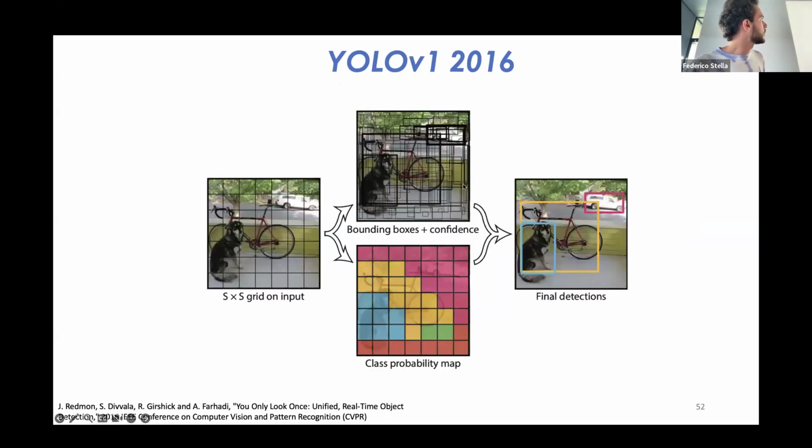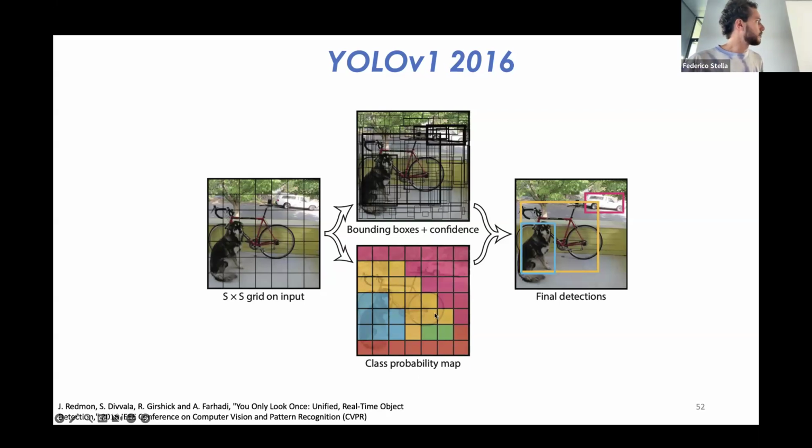All right, so then what do we do with that? We start with an S by S grid on the input, and for every cell we compute 2 bounding boxes, class probabilities, and a confidence score for the bounding boxes. So as one output of the network, we get the bounding boxes and their confidence, because the confidence is related to the bounding box.